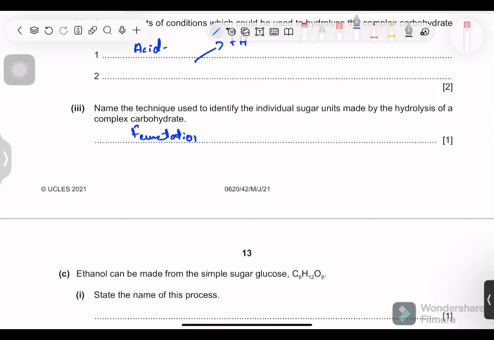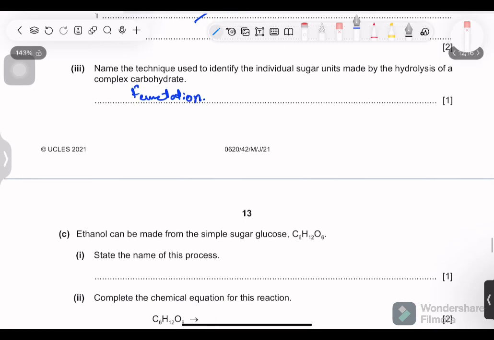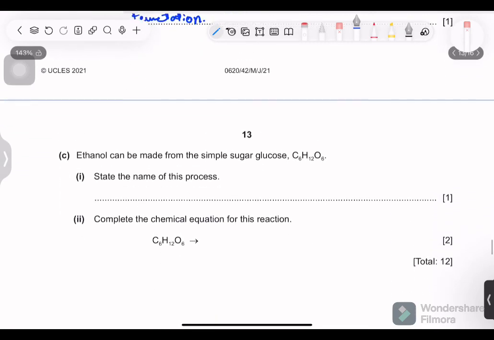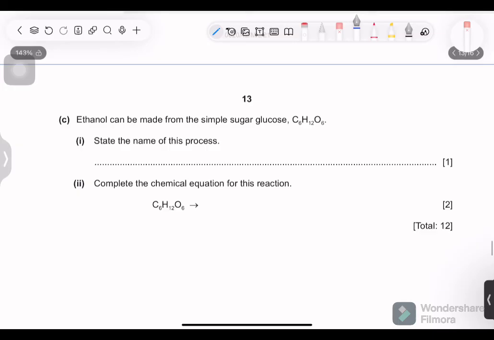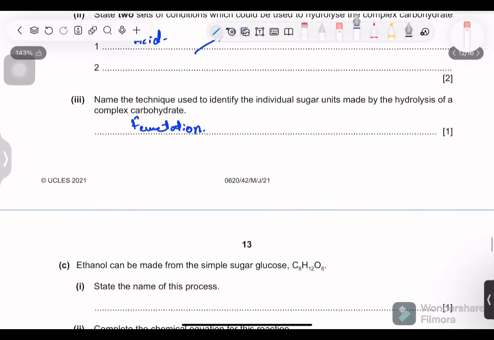One is addition of steam to ethene, and the other is the hydrolysis of a carbohydrate, which we do by yeast. When yeast anaerobically respires, ethanol can be made from the simple sugar glucose. Sorry, my bad.